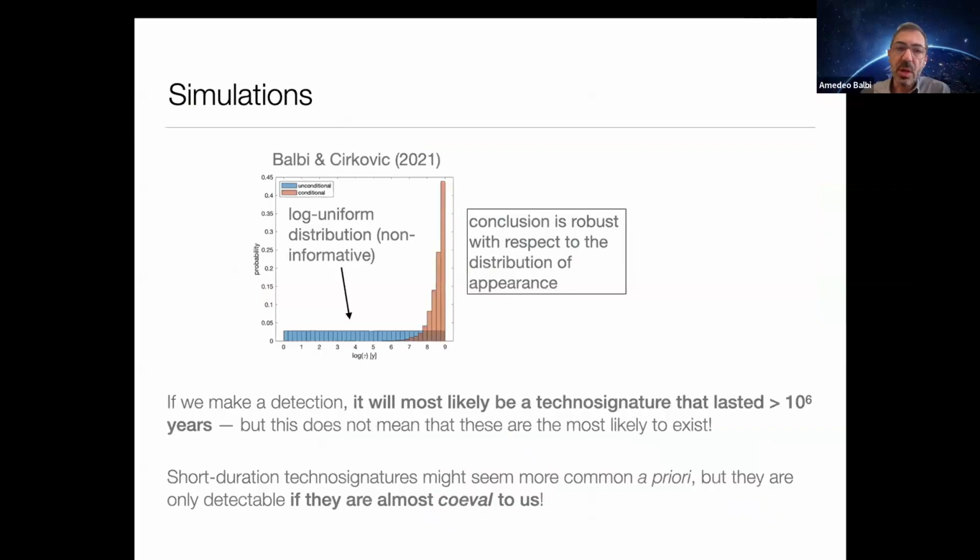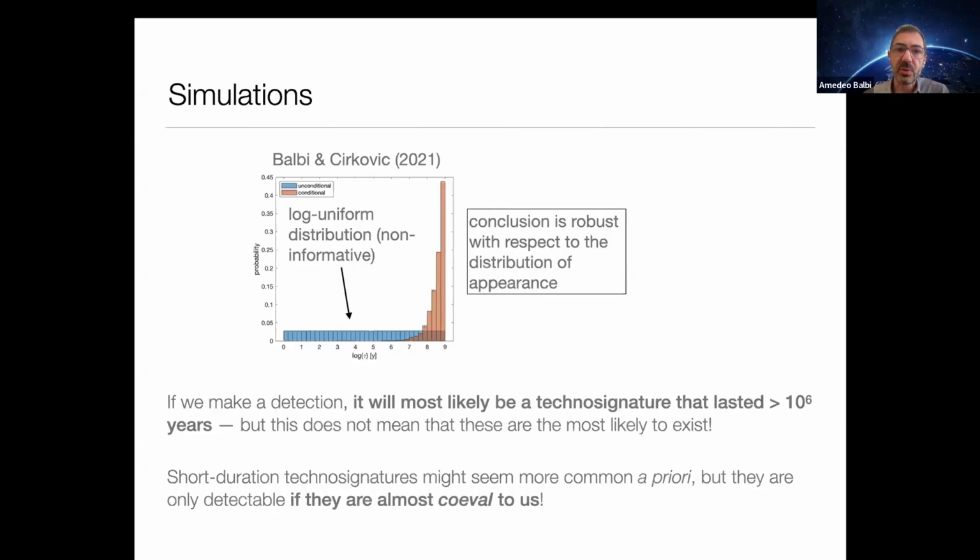We did some simulations some years ago, being totally agnostic about the demographics of technosignatures. We simply took a random distribution of technosignatures, having random durations and random times of appearance, and we played around with different distributions. What we got was essentially that if you only impose the detectability constraint, the fact that they have to be in our past light cone, you introduce a selection effect.